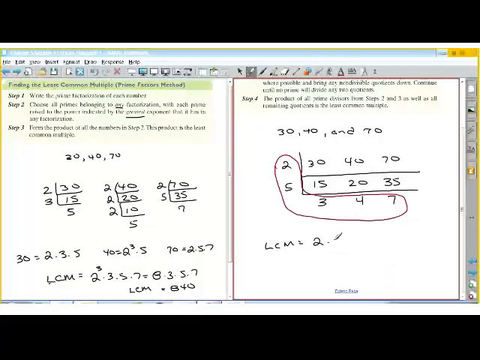So my least common multiple is 2 times 5 times 3 times 4 times 7. And I should get the same number if I did it right. 2 times 5 times 3 times 4 times 7, and I get 840. So it does work.